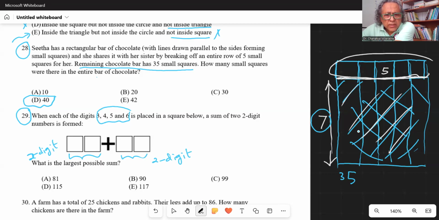And this says that sum of 2-digit numbers, you add them up. So what is the largest possible sum? Right?